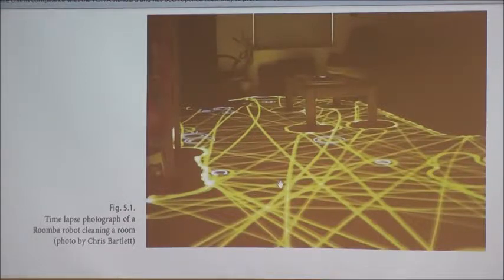What you see here is a completely random path planning and navigation for a Roomba cleaning your floor, and all those shiny lights are the tracks of the robot, which goes and hits the wall and goes somewhere else, hits for example the table and goes somewhere else, just moves around and around until the battery is dead.